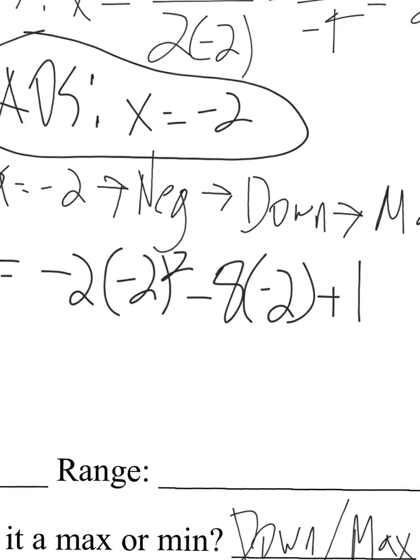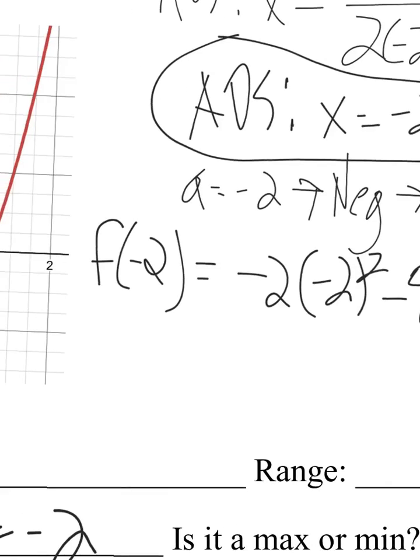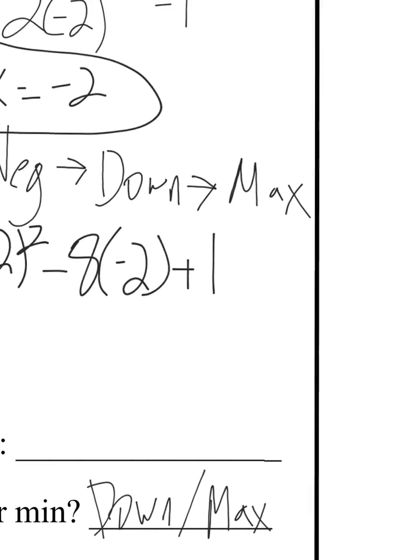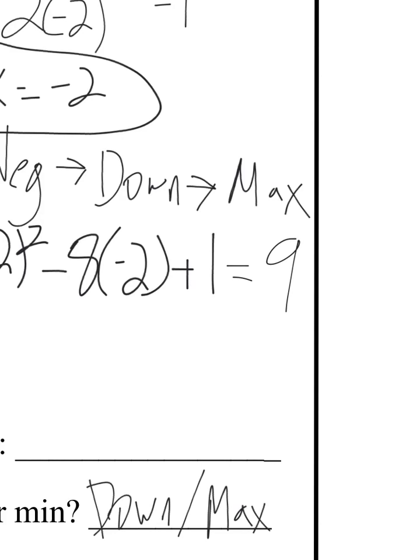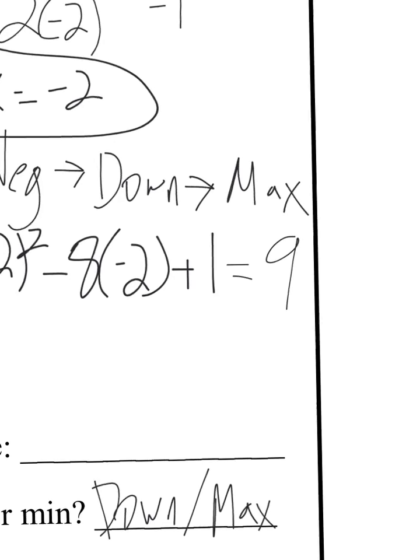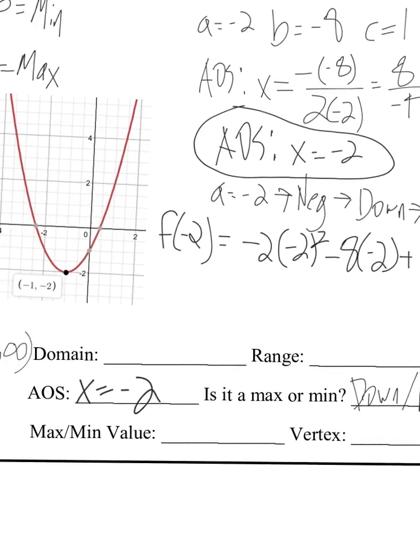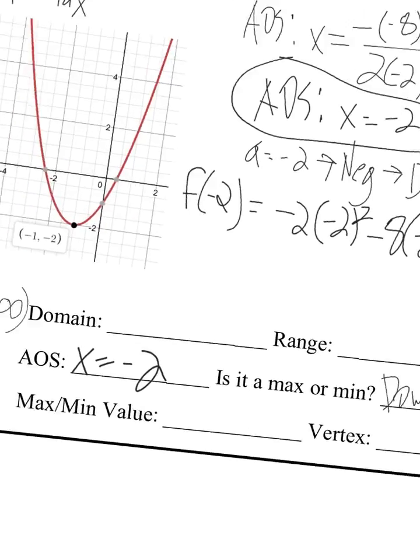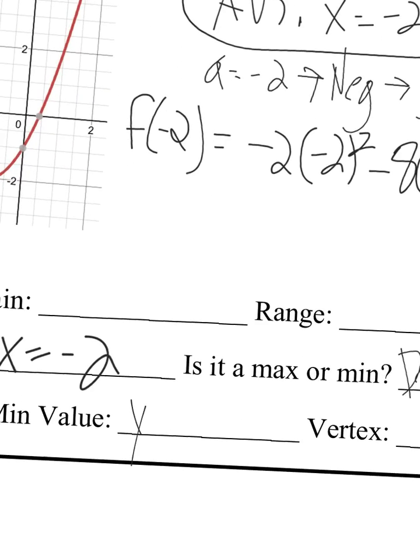So feel free to type in this whole statement, minus the f of -2 equals, into your calculator. You should get +9 for your answer. Since +9 is my answer, that's going to be my max value. So I'll just say y equals 9 for my max value.